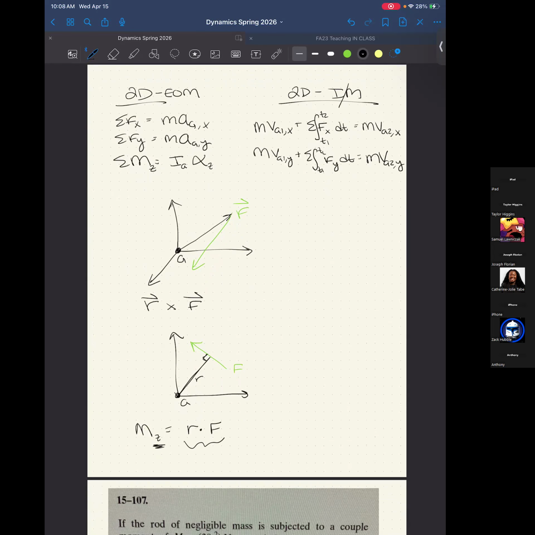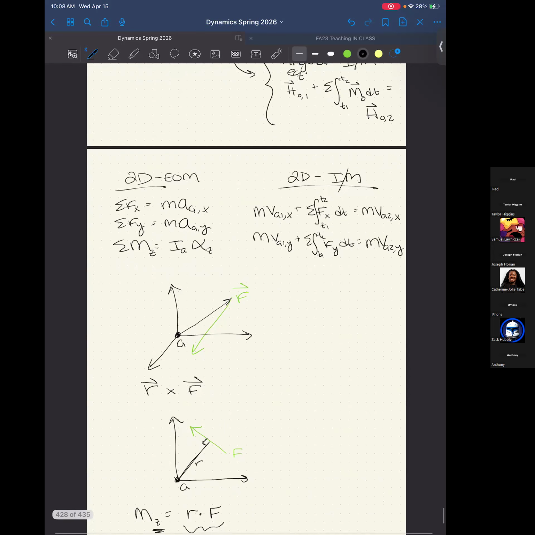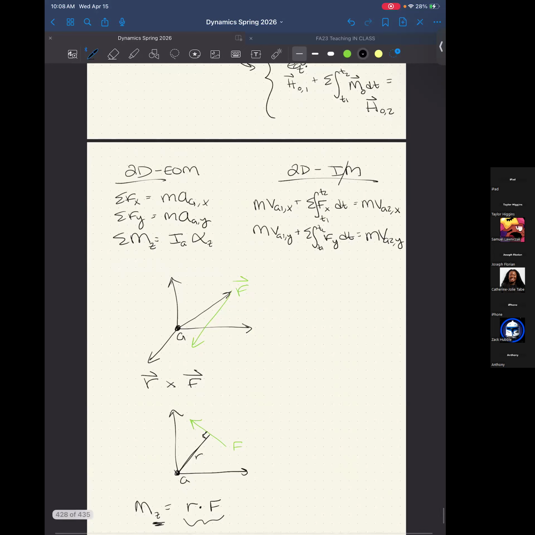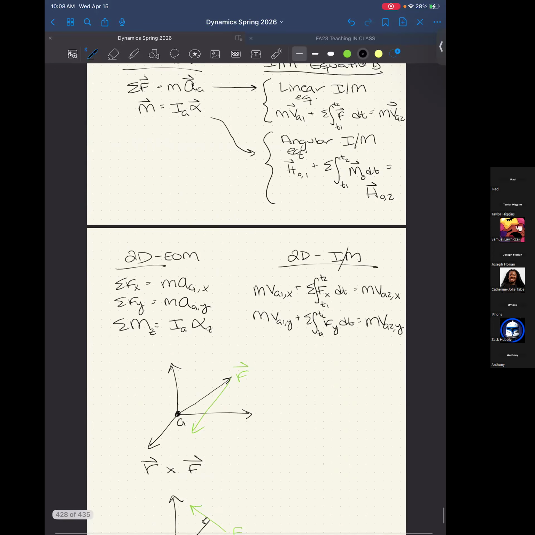Same thing happens with angular momentum with those velocity components.